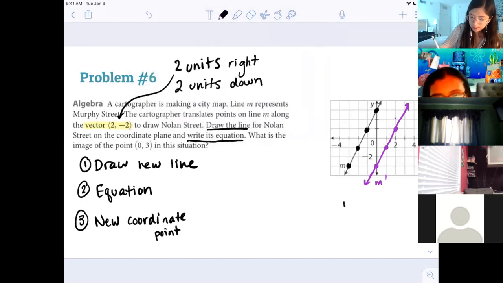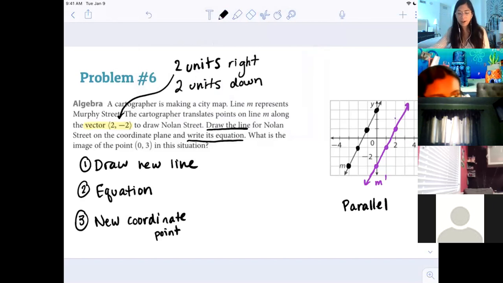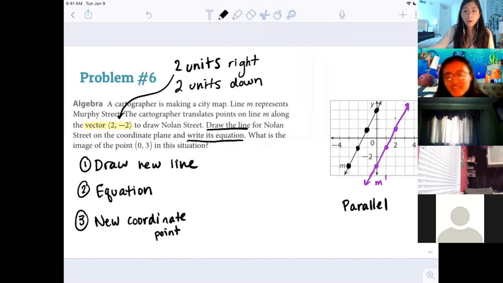That is correct. And that's actually the most important thing to notice, because when you translate a line, you create another line that is parallel to the original one. And that will always be true.